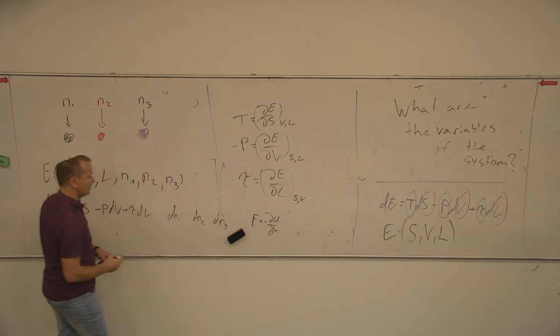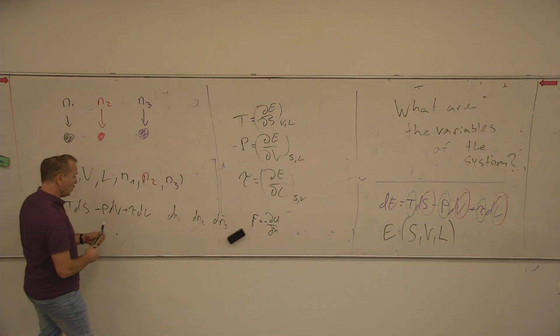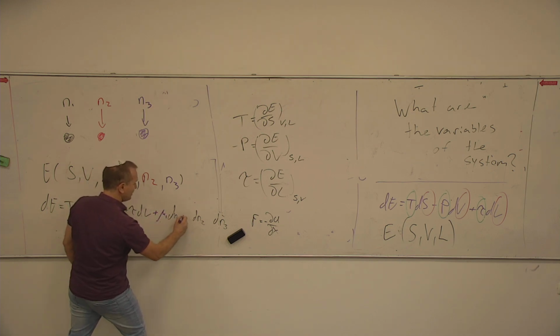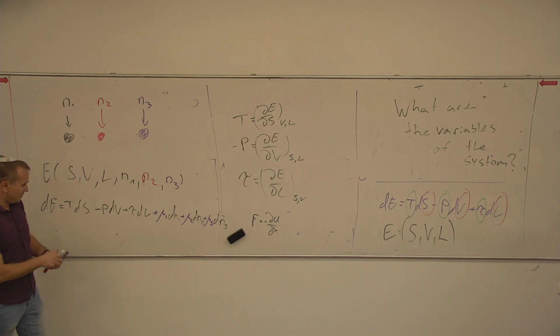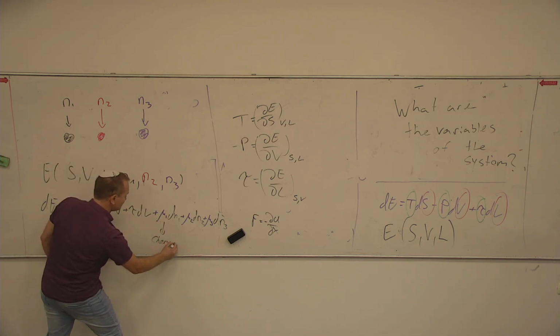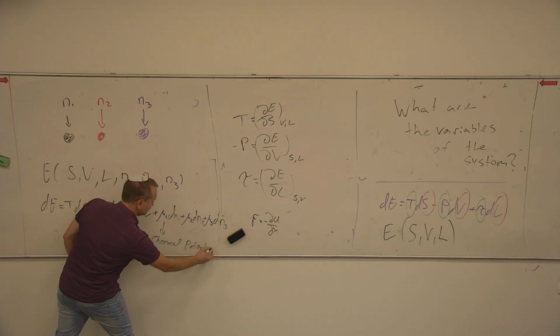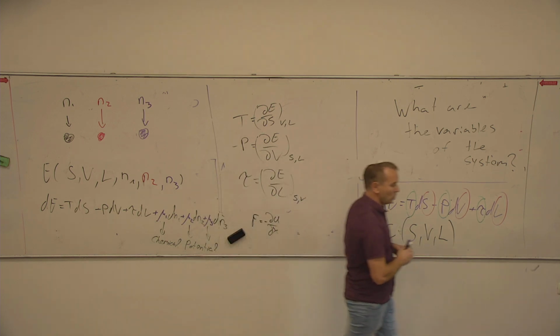Each one has its own constant? Sure. So I will call this mu1, mu2, mu3. And this is the chemical potential. Are you including the interaction between the molecules?